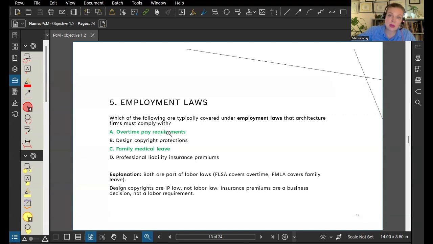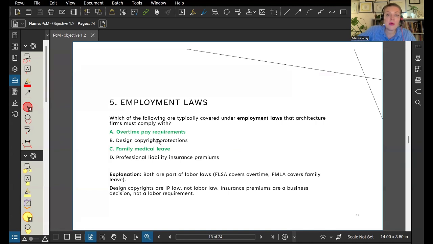So please remember that, and please make sure that you know how to do that, that sometimes it's easier to select which is not included or what is wrong, and then that will eliminate those, and then you will see the correct answer. So here, the employment law actually covers the overtime pay requirements and family medical leave.